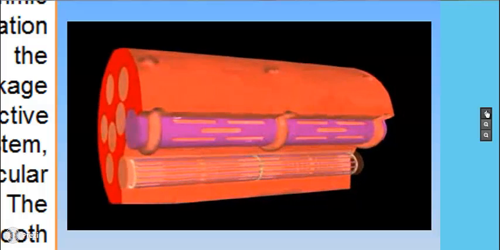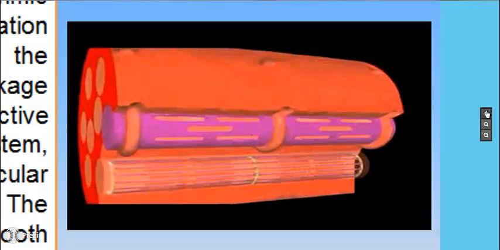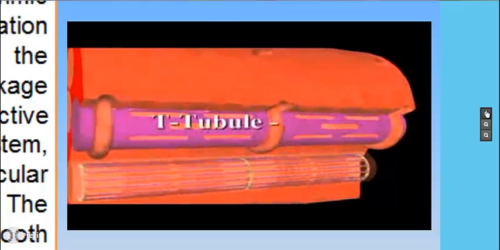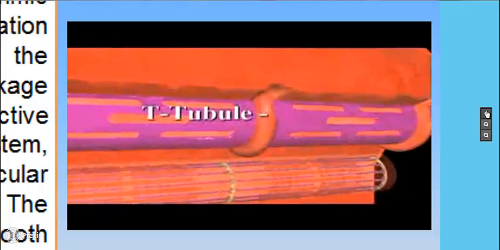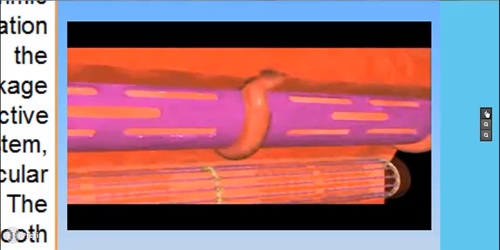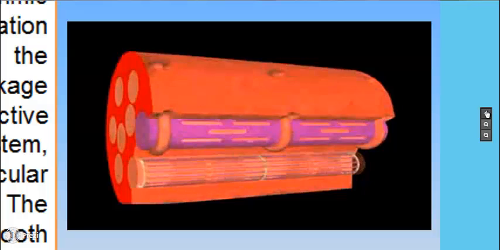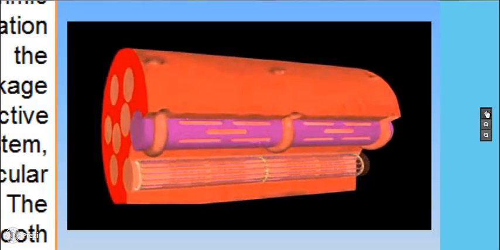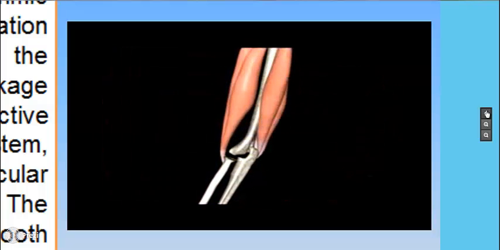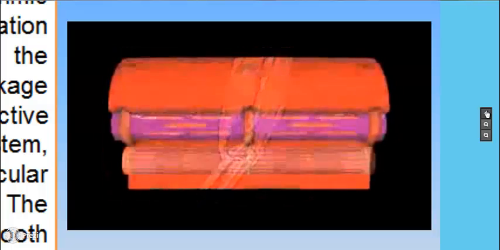Deep indentations of the muscle cell membrane, called transverse or T-tubules, extend down into the muscle fiber, passing very close to portions of the sarcoplasmic reticulum. This arrangement of T-tubules and sarcoplasmic reticulum is crucial, as we will see, to controlling muscle contraction.